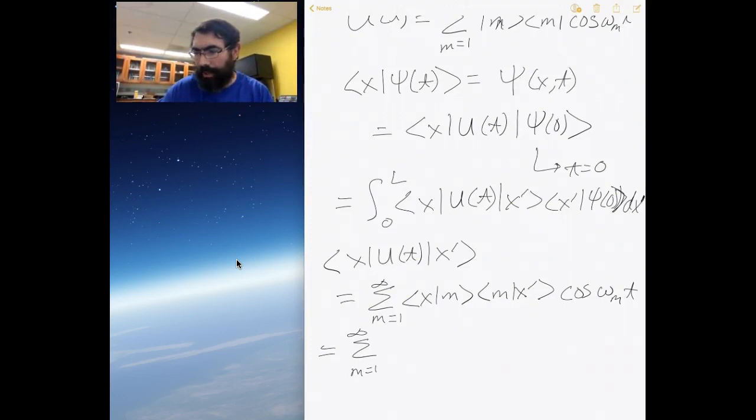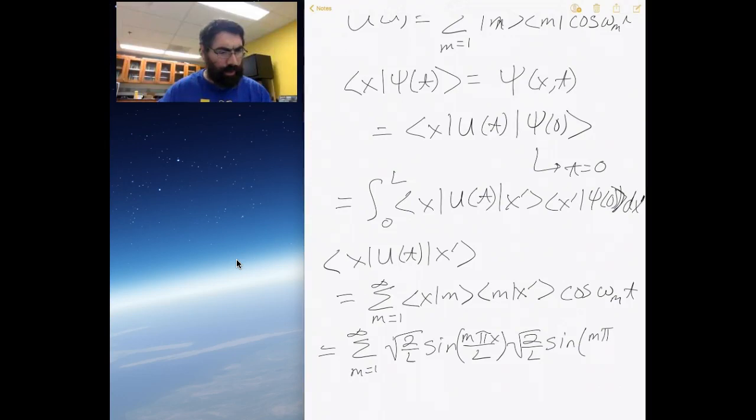We get the square root of 2 over L sine m pi x over L, times the square root of 2 over L sine m pi x prime over L, times the cosine of omega t. So multiply that in right there.